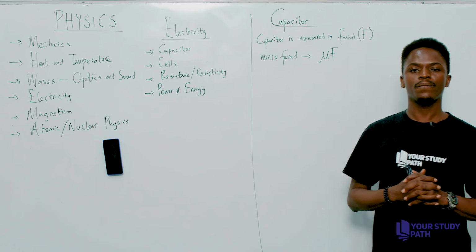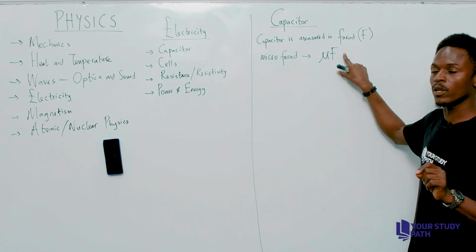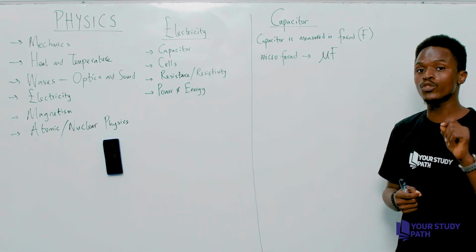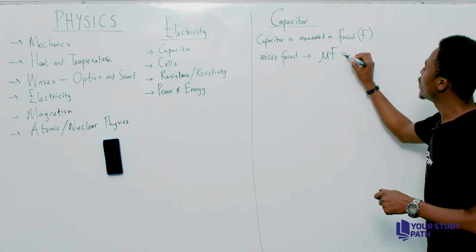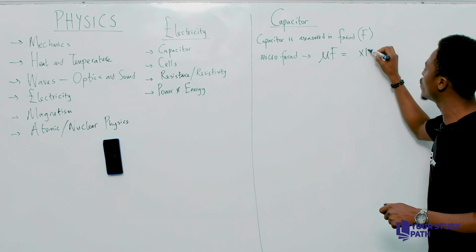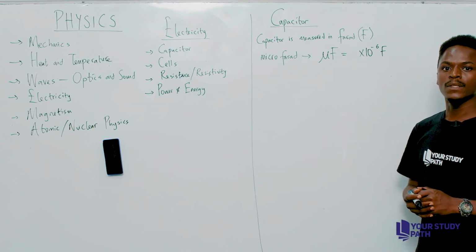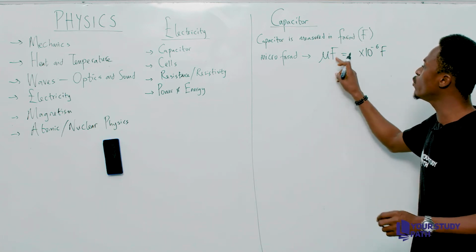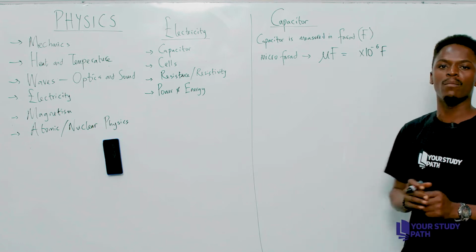Questions majorly are actually calculated in microfarad most of the time. And this is the giveaway: your microfarad is a representation of times 10 raised to power minus 6 farad. Meaning that when you are given questions, always know that μF is serving the purpose of holding the value of 10 raised to power minus 6.